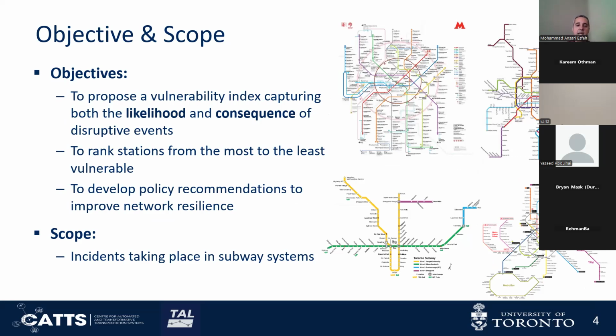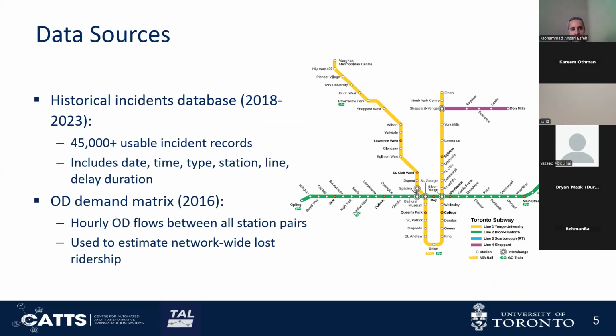And finally, the third objective is to develop policy recommendations to improve network resilience, for instance, by strengthening the infrastructure or allocating more operational resources. The scope of this study is focused on incidents taking place in the Toronto subway network, but the methodology is general enough to be applied to other urban rail services.